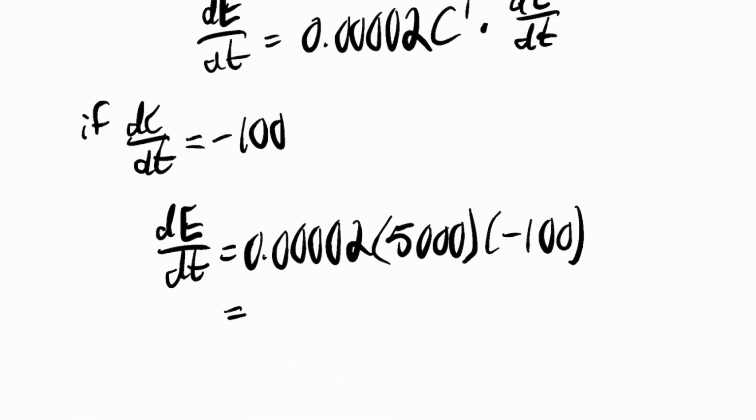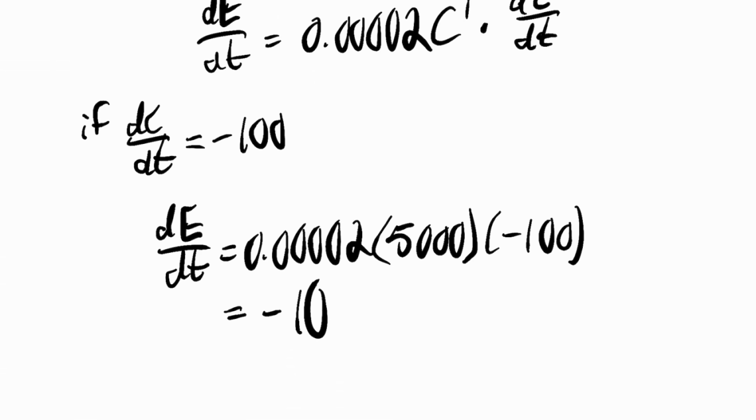Do I have a calculator handy just to be sure? I think I do. Here we go. Let me turn the light on. Sorry about that. Okay, so 0.00002 times 5,000 times negative 100, and I get negative 10. Of course, negative.